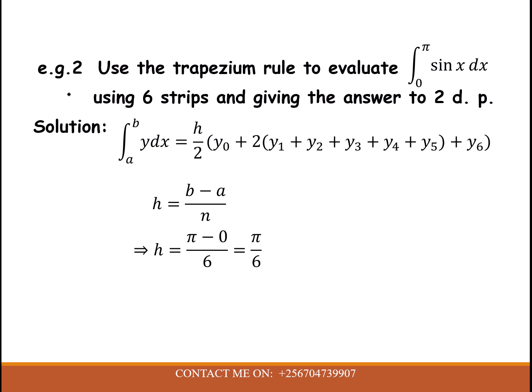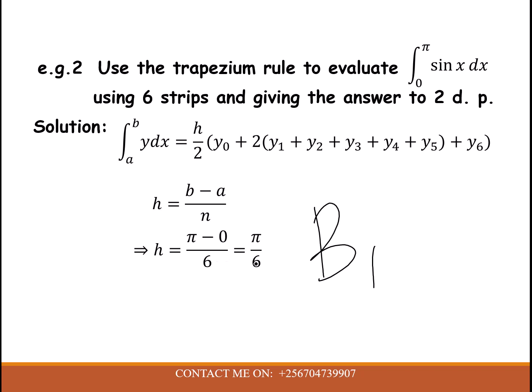When you meet such a question, the first thing to do is calculate h, and here you will get your bonus 1 for calculating h. You realize that our upper limit is pi and our lower limit is 0, and the number of strips is 6, and we shall get pi out of 6.